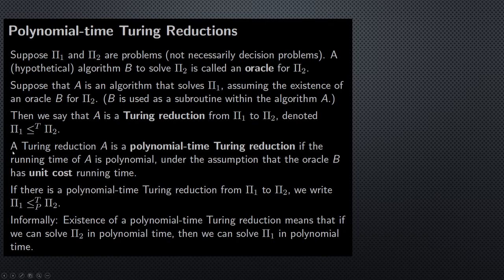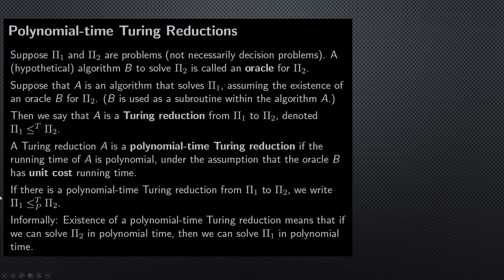Okay? And what does it mean for this Turing reduction that solves problem pi1 in terms of problem pi2 to be polynomial time? Well, it means that the running time of that reduction, just the code, to solve problem pi1 using these calls to B, is polynomial time under the assumption that B has a unit cost, O of 1 time, right?